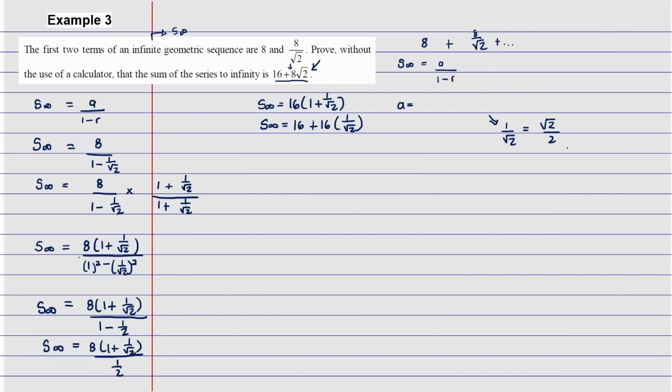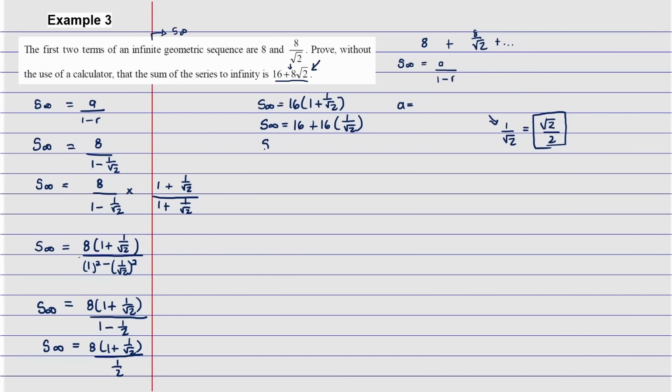Punch this into the calculator and you're going to get exactly this. I know they said without the use of a calculator, but sometimes you need to use your tricks. So if you punch this into the calculator, you're going to get it in this form. So let's change this 1 over root 2 into this form.